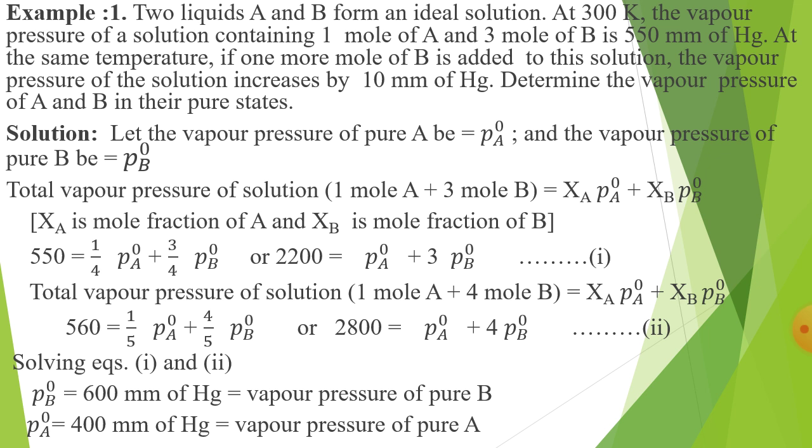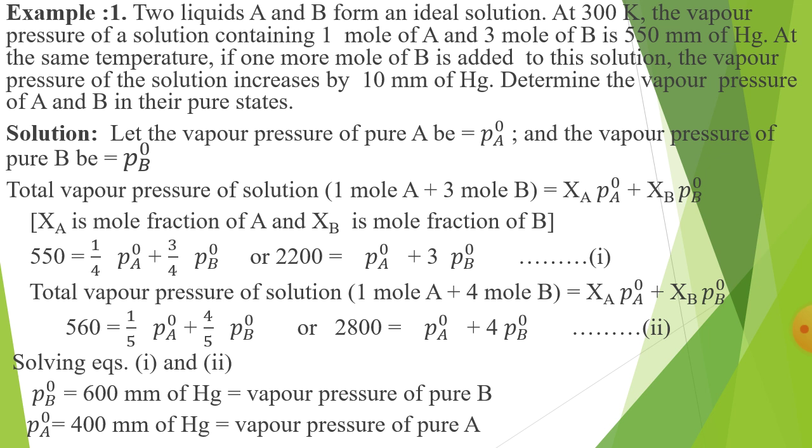That's why the mole fraction of A is 1 by 4 and of B is 3 by 4. Now putting these values, we get equation 1: 2200 equals P0A plus 3 P0B.